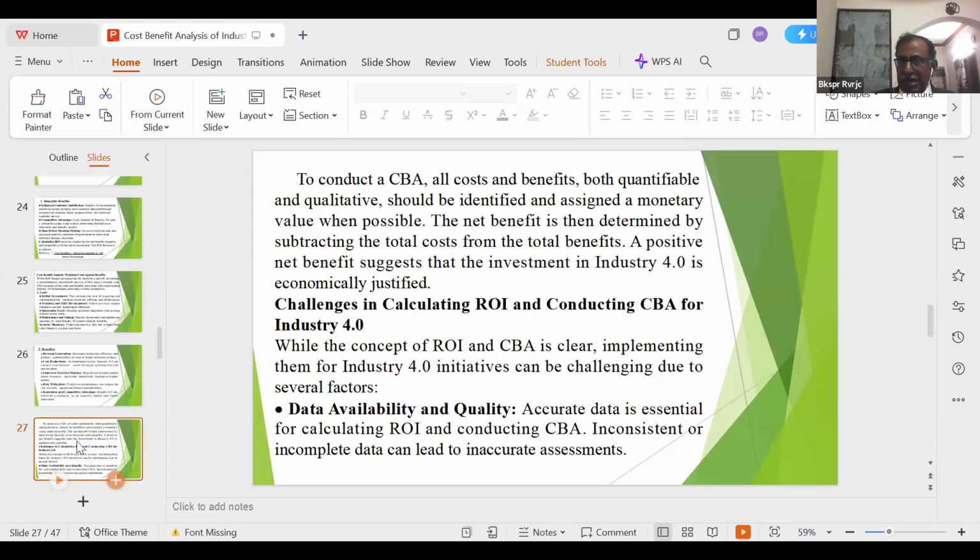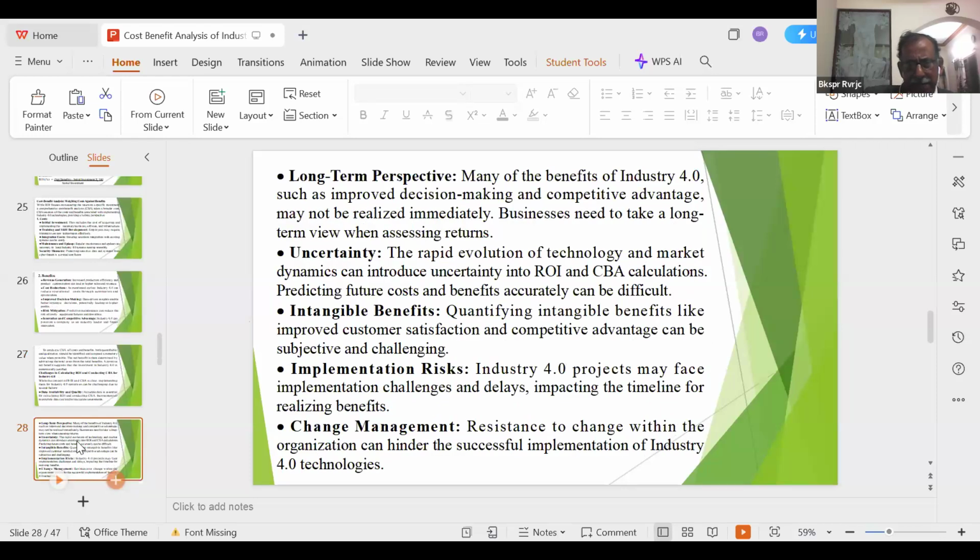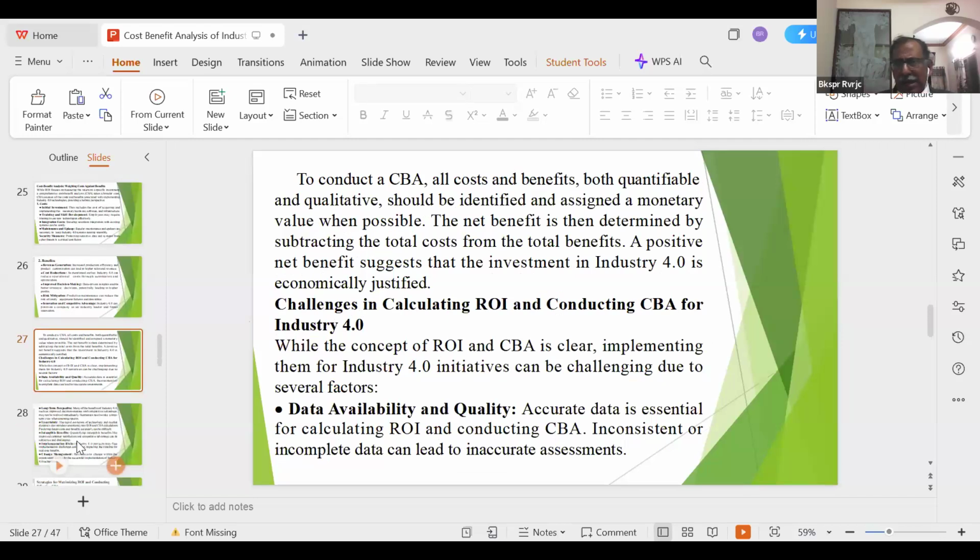Now we go for challenges in calculating the ROI and conducting cost benefit analysis for Industry 4.0. Yes, now we go for discussing the challenges. While the concept of return on investment and cost benefit analysis is clear, implementing them for Industry 4.0 initiatives can be challenging due to several factors.